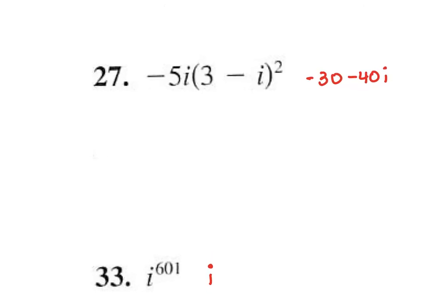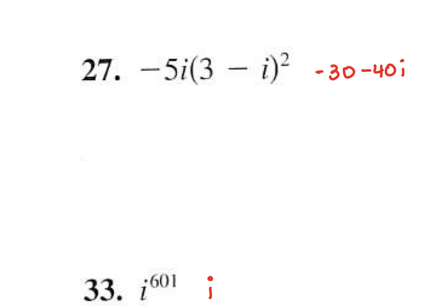Okay, 27. Now you have multiplication and you also have something squared. So you have to take care of this first before you distribute. You can use the shortcut on it because it's an expression raised to the second power, or you can expand and FOIL it out.